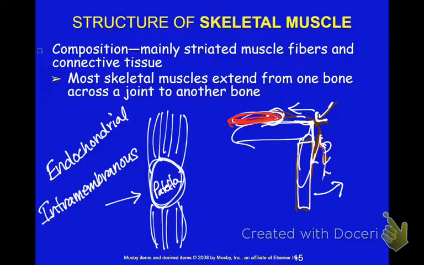So the patella, that bone, formed within that tendon. And it's there to help protect the joint, but also to decrease wear and tear. Okay? At that point of maximal friction. Okay?